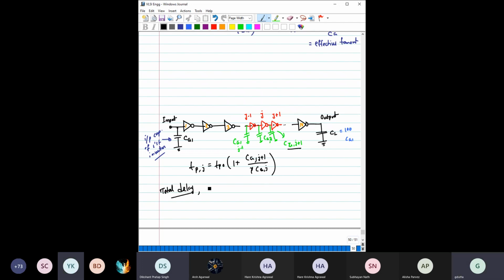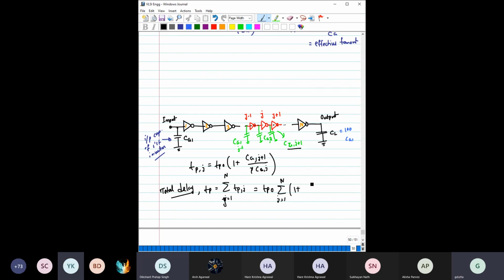Then what would be the total delay if you want to calculate? So the total delay would be nothing but the summation of all the delays, right? So it is Tpj, where j can vary from 1 to n, and this can also be written in this way, j from 1 to n.